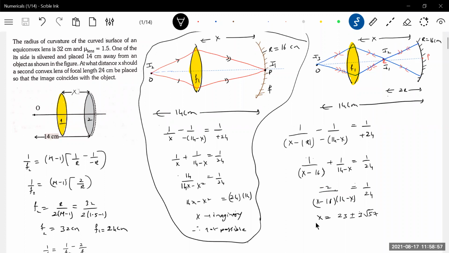Radius of curvature, 22 centimeter. But we have 14 centimeter, no? X should be less than that.